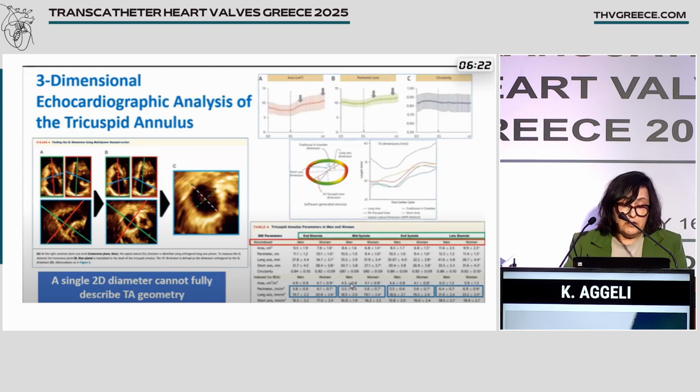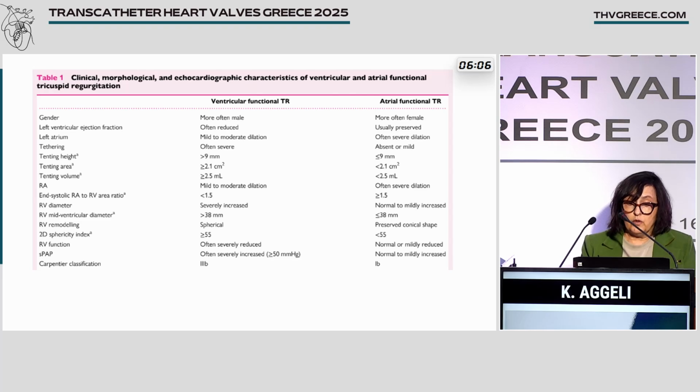And a single 2D diameter cannot fully describe tricuspid annulus geometry. We need 3D echo to demonstrate all the anatomical data of the tricuspid annulus.